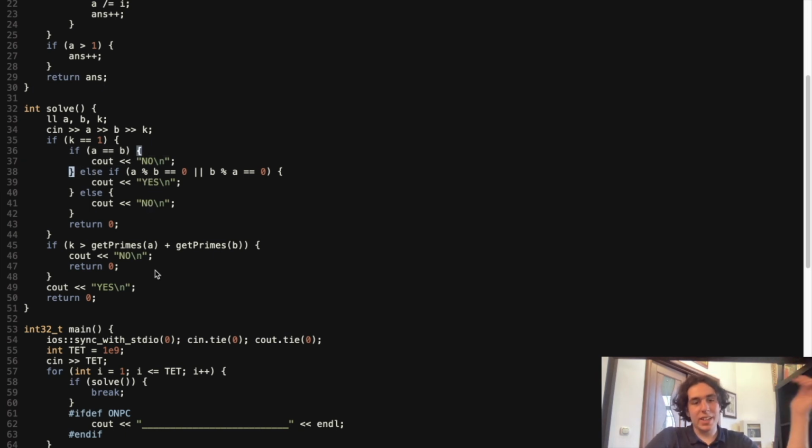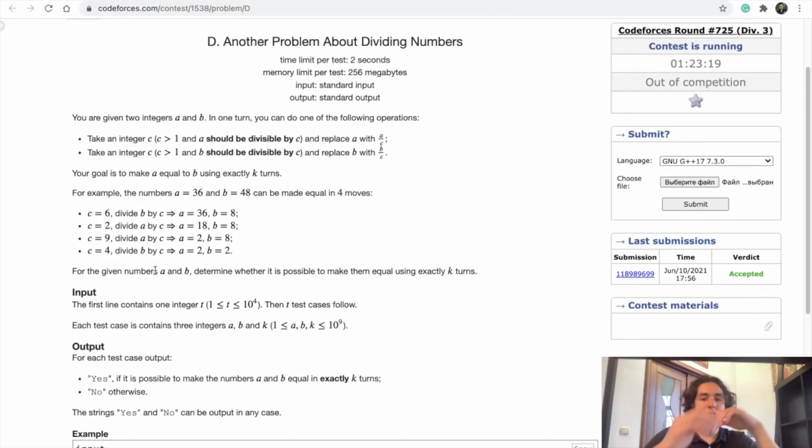And if we forget about this corner case, it's just about we have k that is at least 2, and we should just divide these two numbers as many times as we want, so that the sum of these two numbers of divisions is k. And there isn't much of a complex stuff.